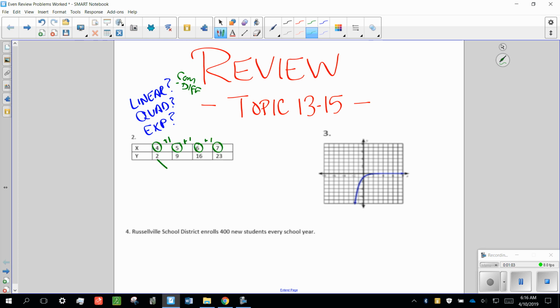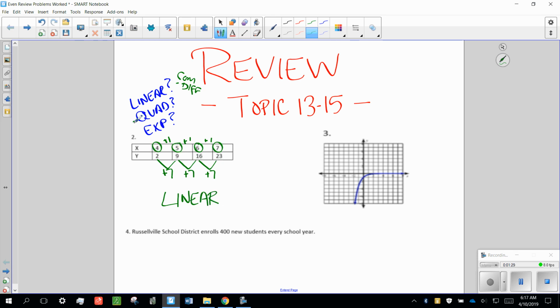We just wanted to make sure they were consecutive. Between these, we add 7, and add 7, and add 7. That is the difference between them. So 23 minus 16 is the same difference as 16 minus 9 and 9 minus 2. They have a common difference, so this is a linear function.